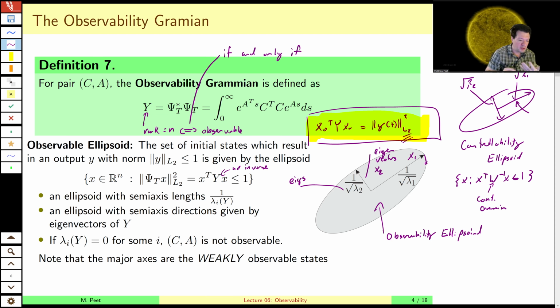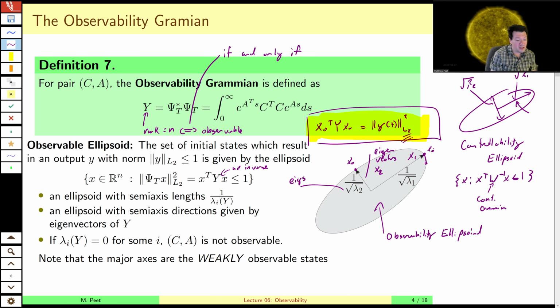So it tells you quantitatively which initial conditions, specifically given by these eigenvectors, will produce what size outputs. If you take this initial condition, that produces an output of size 1. If you take this initial condition, that'll also produce an output of size 1.